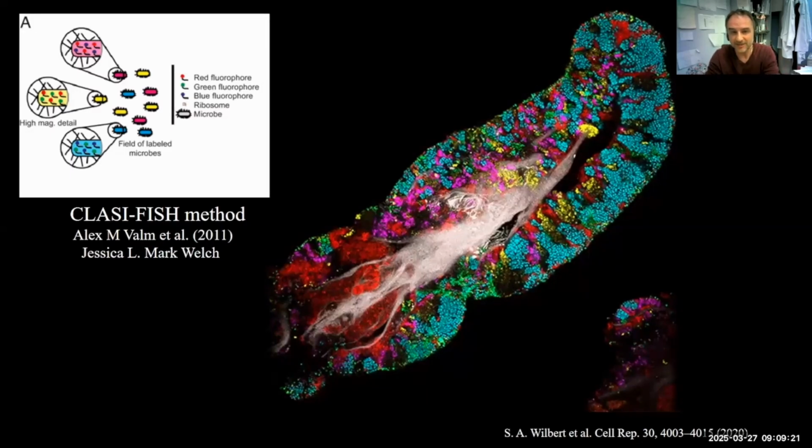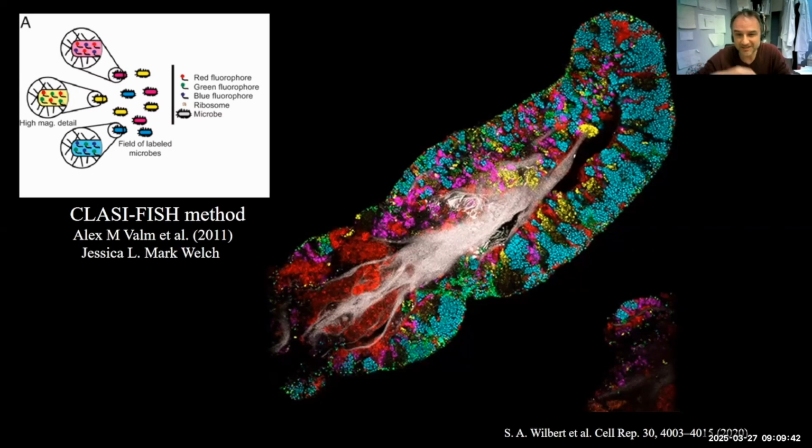It has been very interesting, the application of this new classification method in microscopy, by which you can actually visualize different species of bacteria all at once. In the past, we could do this with the traditional FISH method, where we could label one or two species, three if you were very good at it.